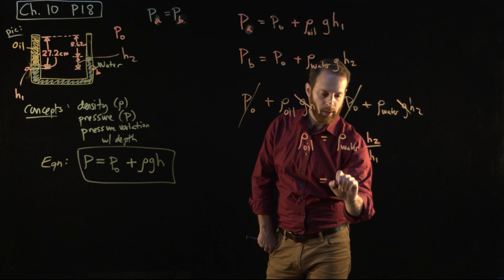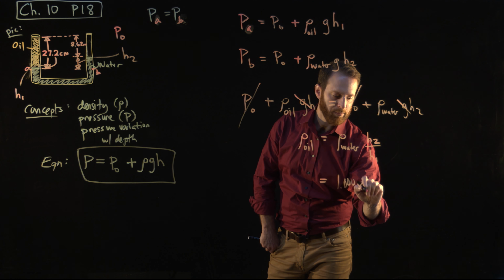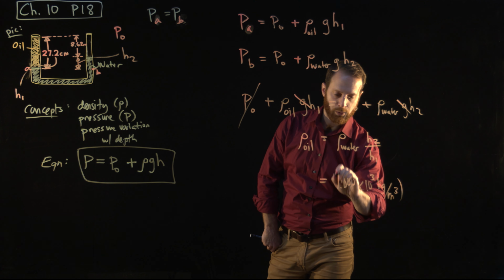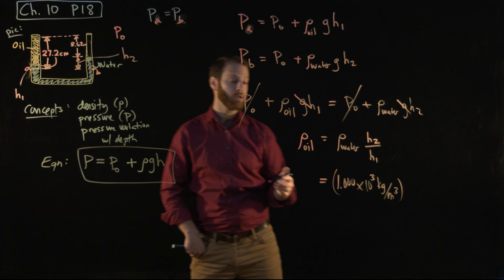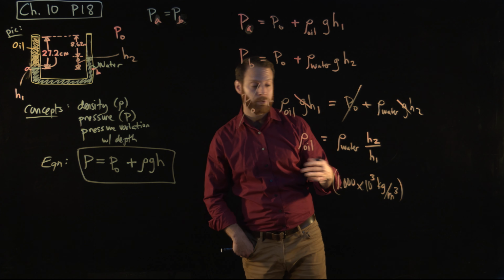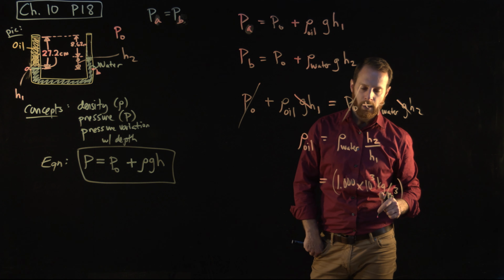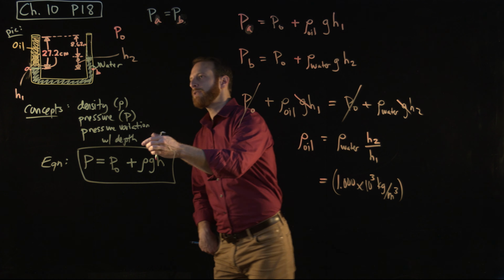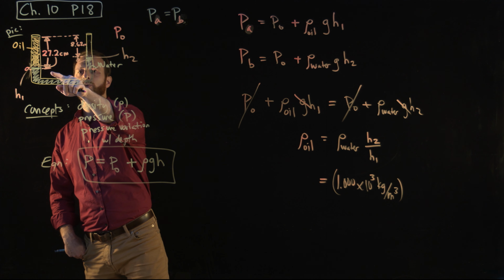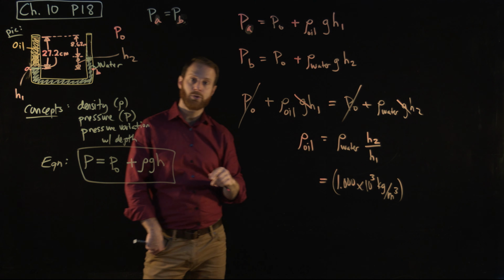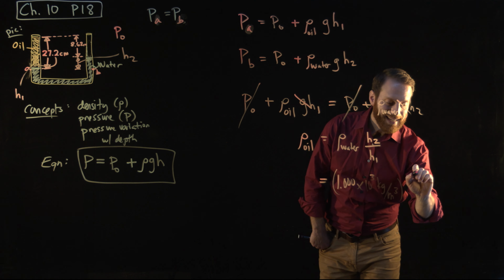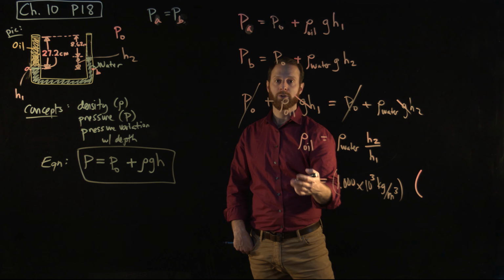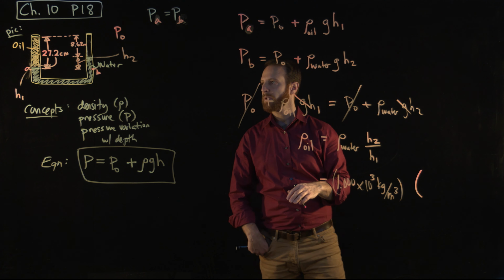The density of water, 1.000 times 10 to the 3 kilograms per meter cubed. That's the standard number that we're going to use for water unless we're told otherwise, like seawater, for example, is salty and has a slightly higher density. H2, that's this number here. That's going to be the 27.2 centimeters minus 8.62 centimeters. Why don't we go ahead and do that in units of meters, because ultimately we want something that has units of kilograms or meters or seconds or something like that.